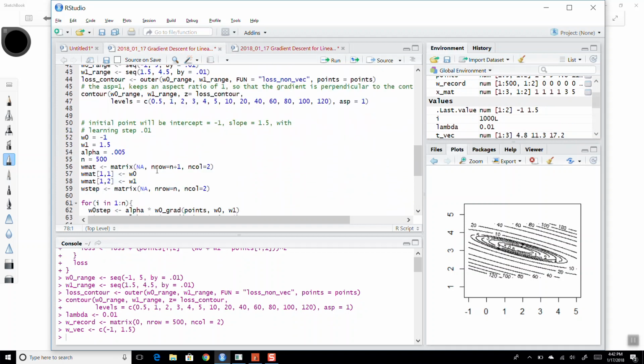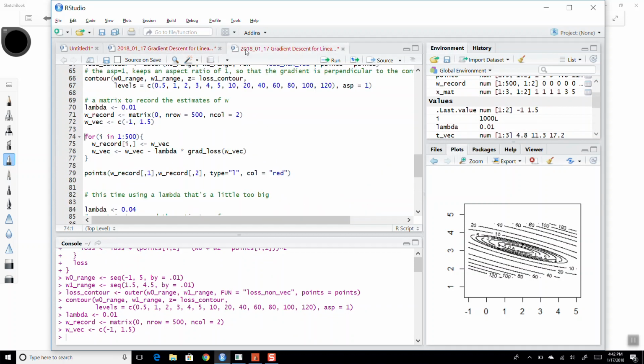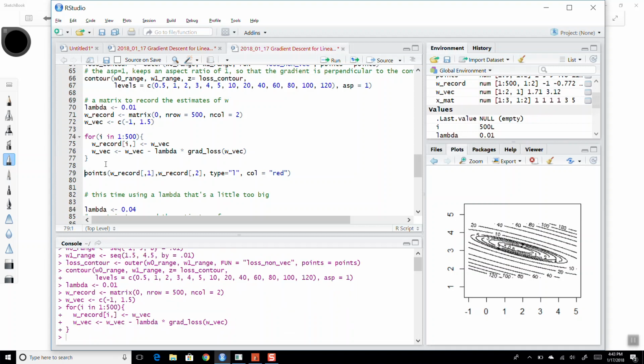In the non-vectorized form, I had to do each thing, but here all I have to do is take our current values, put them into the row here, and the next value is going to be the current w vector minus lambda times the gradient. Okay, so this is the gradient descent right here. It's a lot smaller when you keep it in matrix notation.